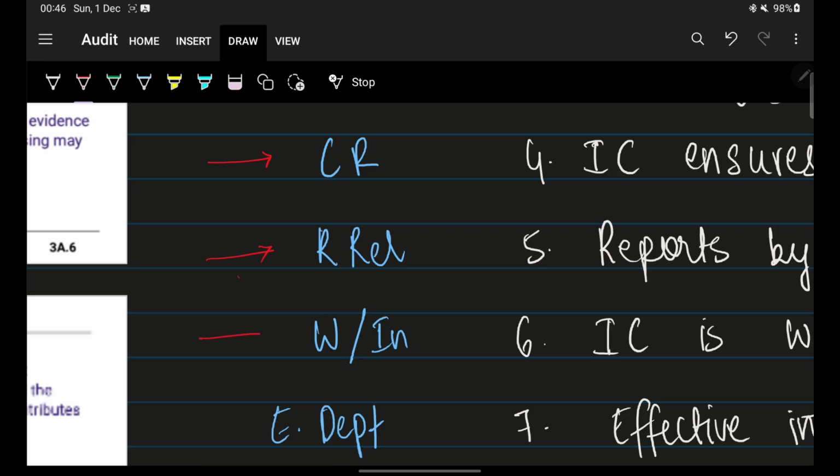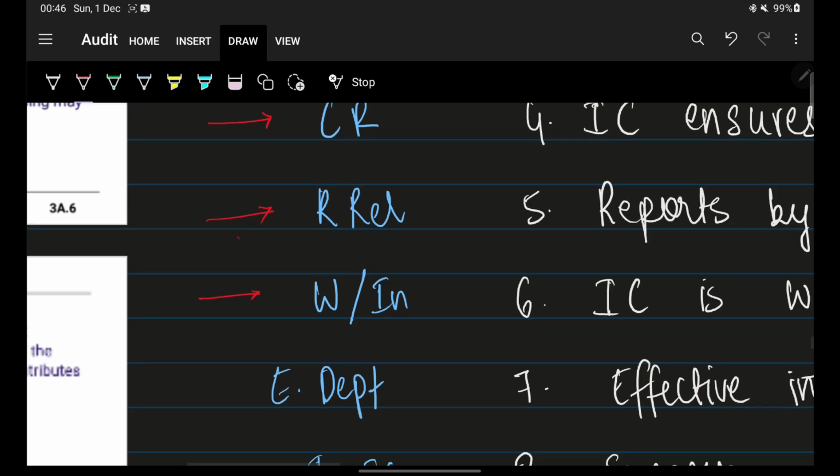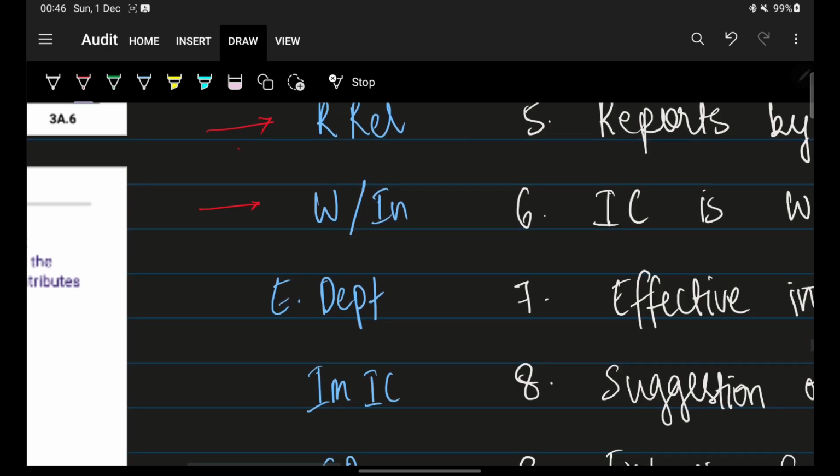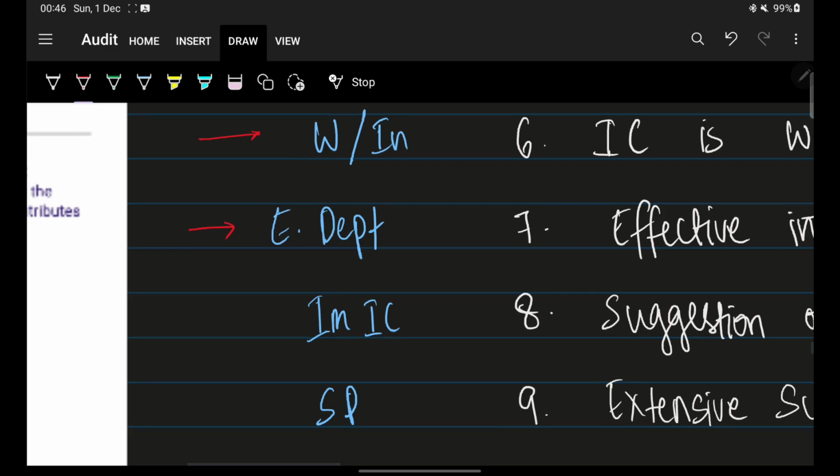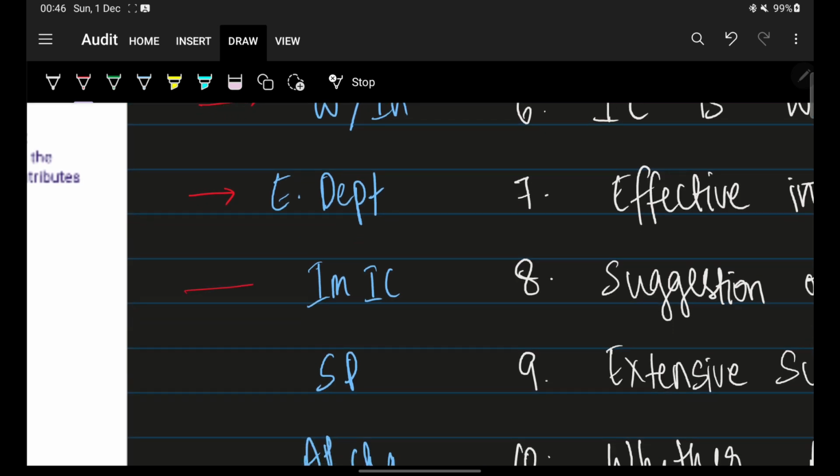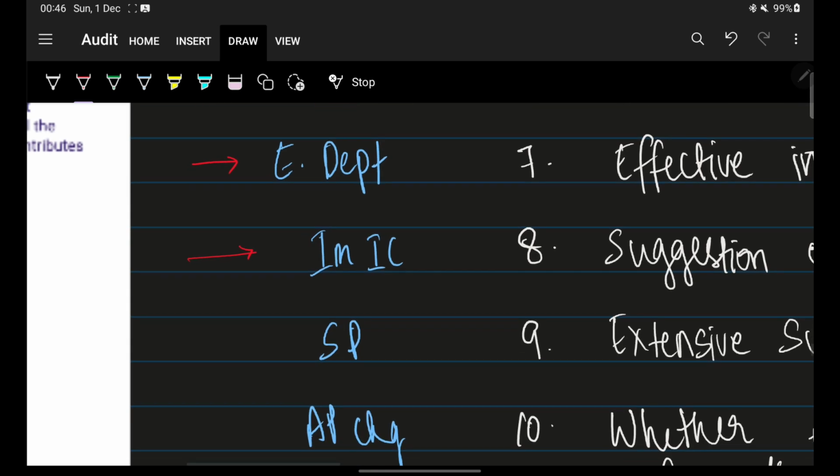Next, are there any weaknesses or inoperativeness of the internal control, right? Is there an effective internal audit department? Okay, whether there are any suggestions that are to be made to the internal control.